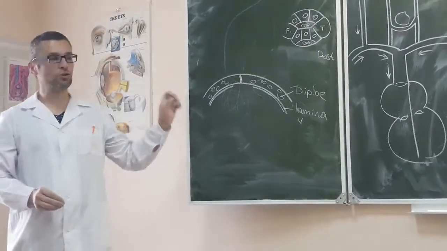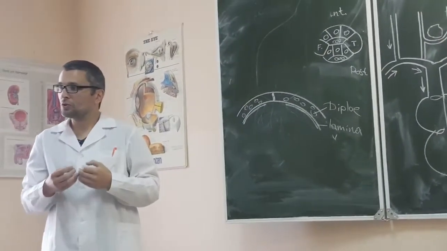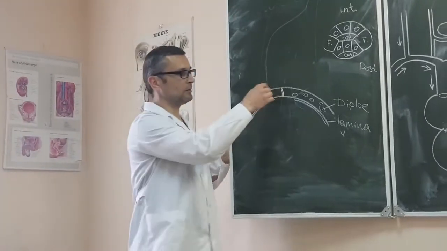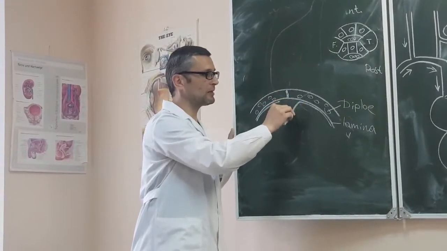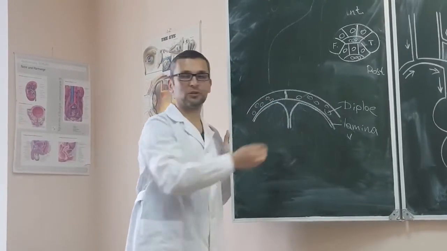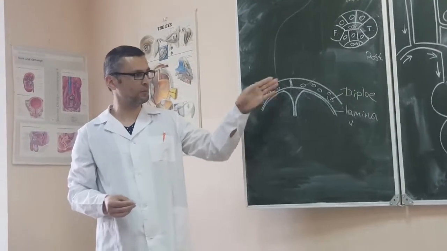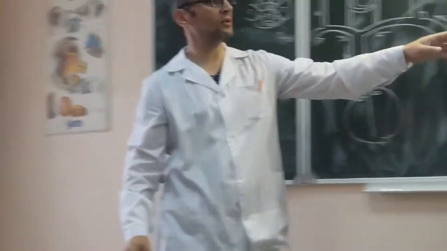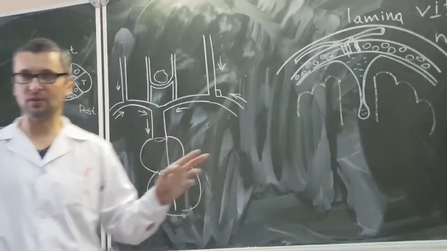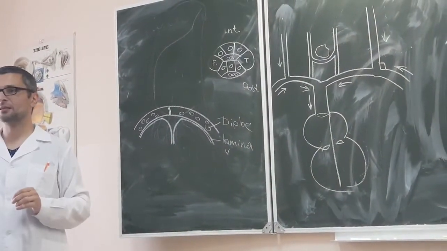But in the region of the sutura sagittalis, dura mater goes out from the bones of the skull, like that, and now it forms a process. There is a process of dura mater which passes between the two hemispheres of the brain. This process of dura mater is called falx cerebri.